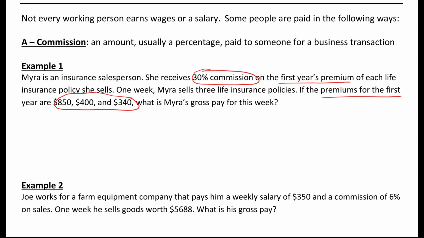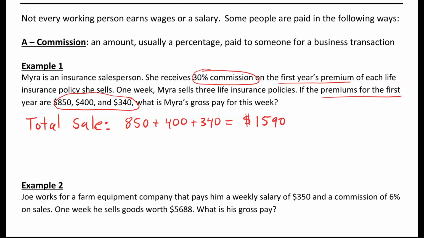So the first thing that we need to do is figure out what the total sale was that she made for this week. So 850 plus 400 plus 340 were the 3 sales that she made, which adds up to $1,590.